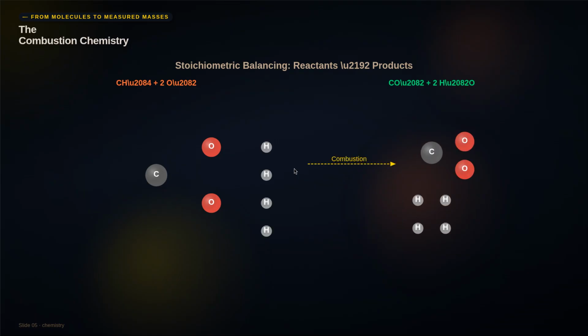Let us understand exactly what happens at the molecular level when an organic compound burns in excess oxygen. The general combustion reaction for a hydrocarbon is CxHy plus oxygen yields x CO2 plus y over 2 H2O.